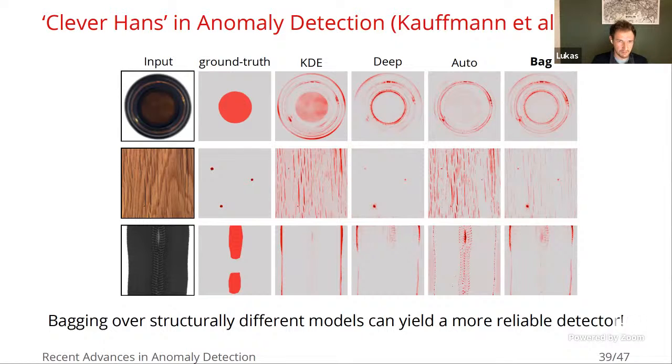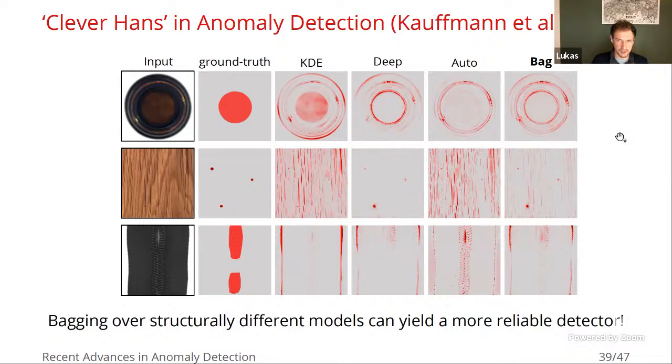So this is one reason why interpretability of such methods and explaining them is crucial, because just looking at pure detection performance score can be misleading.